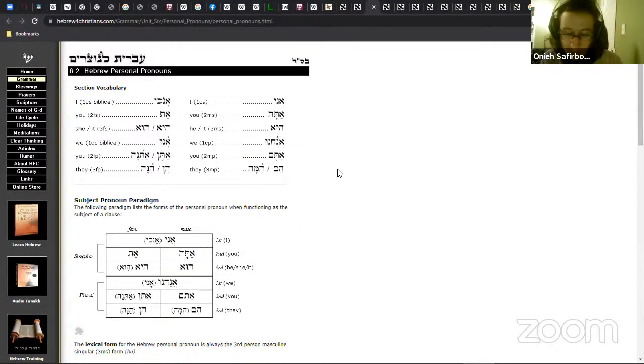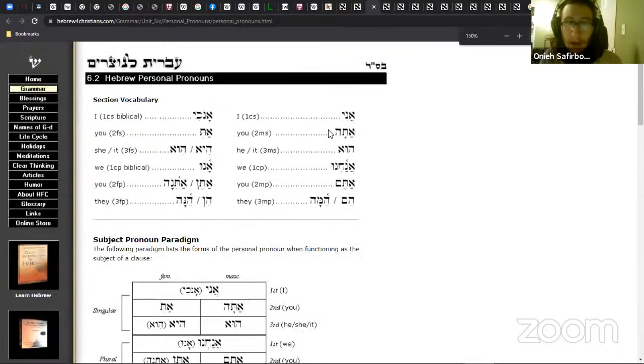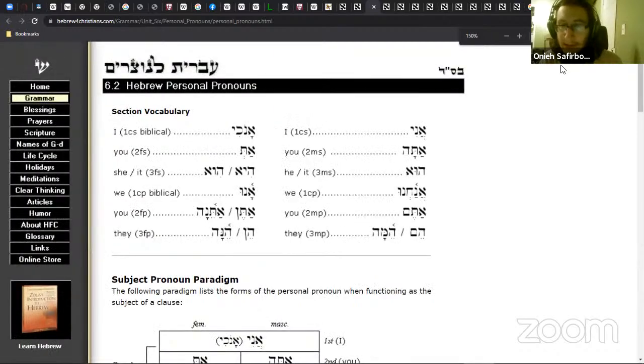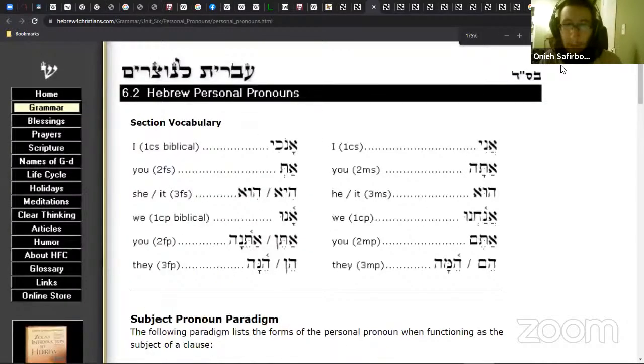We've talked about these in one of our prior lessons: the personal pronouns, like I, you singular, you plural, she, he, we, they.